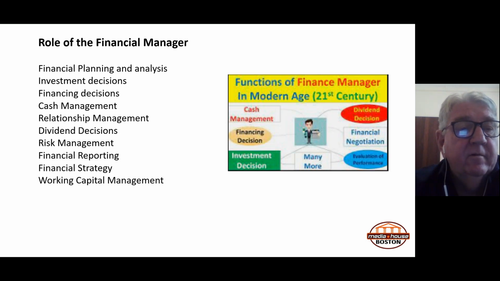That's also part of the role of the financial manager. Financial strategy, that's your long-term strategy, how you're going to manage the finances of the business. And then working capital management. That's what I've mentioned before. That's your debtors, your creditors, your inventory, and your cash.